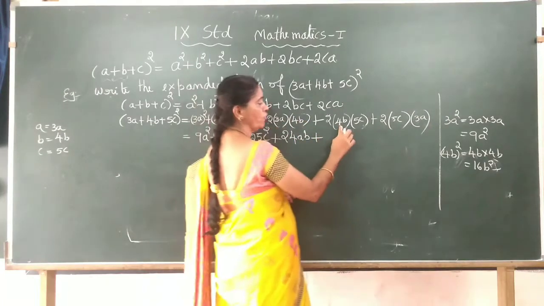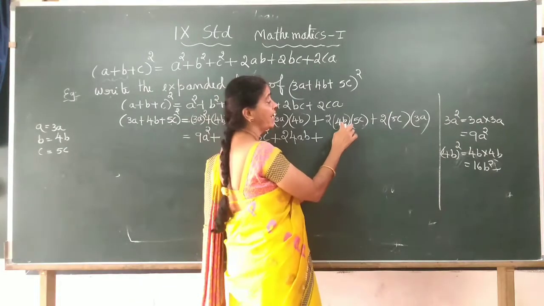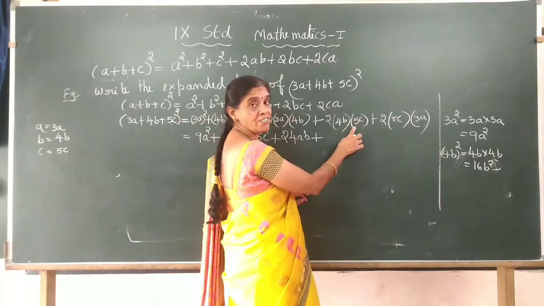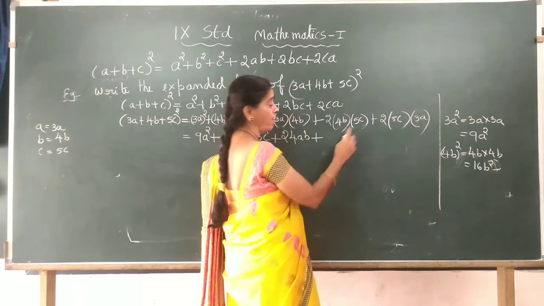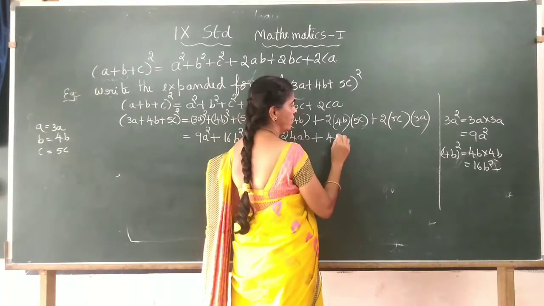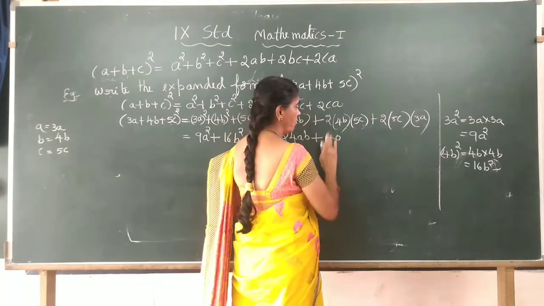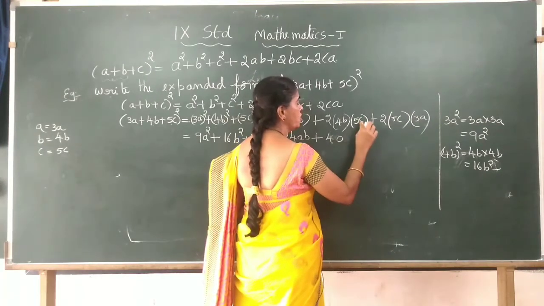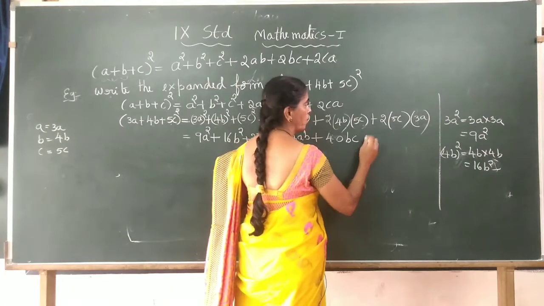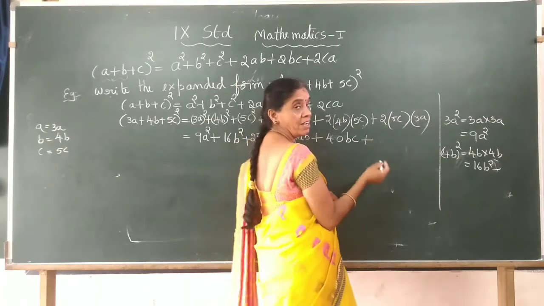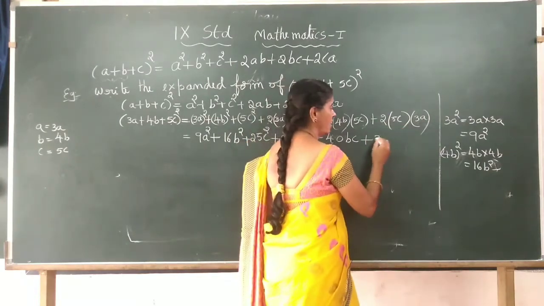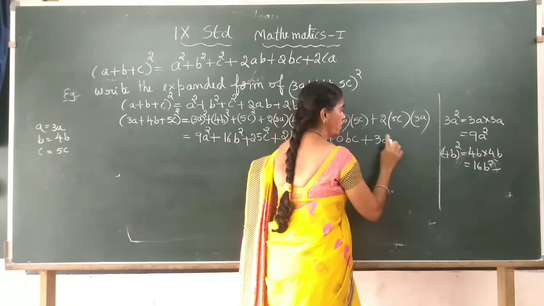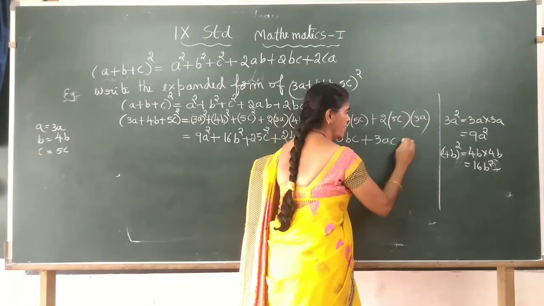Plus 2 fours are 8, 8 fives are 40. Sorry, 5 eights, yes, 5 eights are 40. B into C: 40BC. Plus 2 fives are 10, 10 threes are 30. C into A: 30CA.